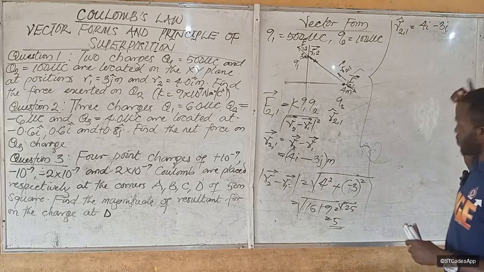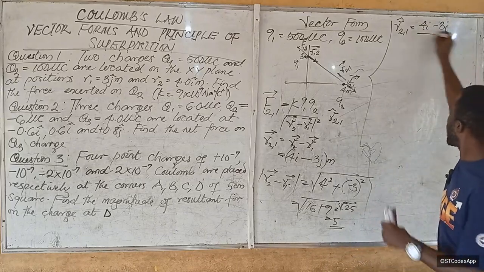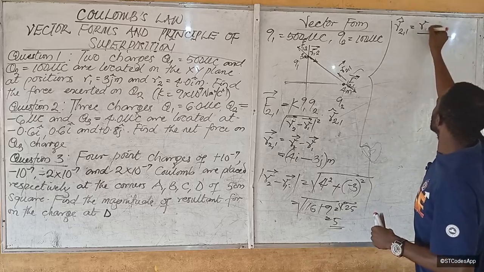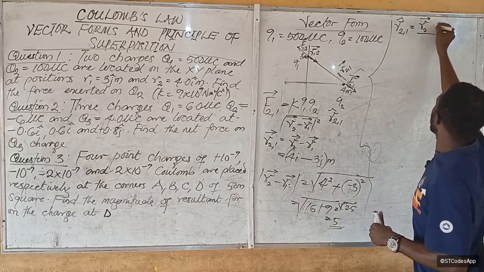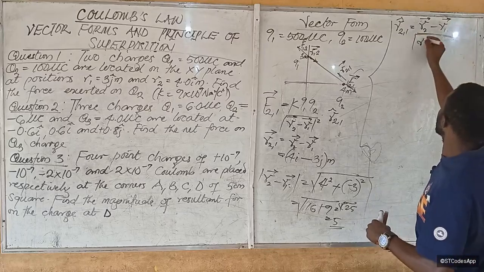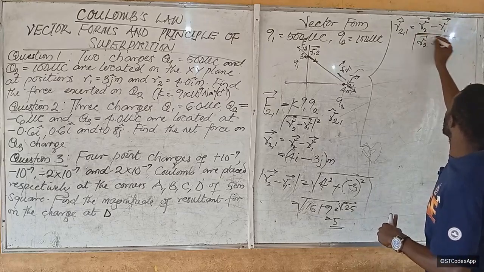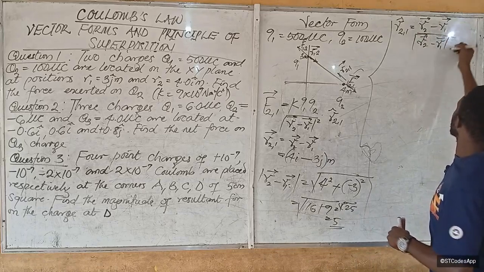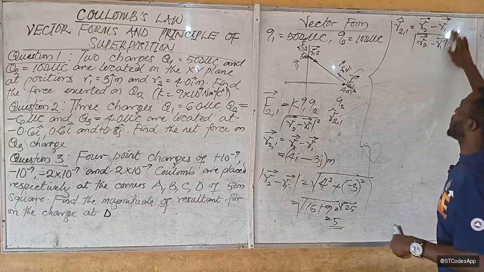I hope that is clear. 4i minus 3j all over the magnitude. Remember the formula is R2 minus R1 over the magnitude of R2 minus R1. It already comes with the i and j, okay?